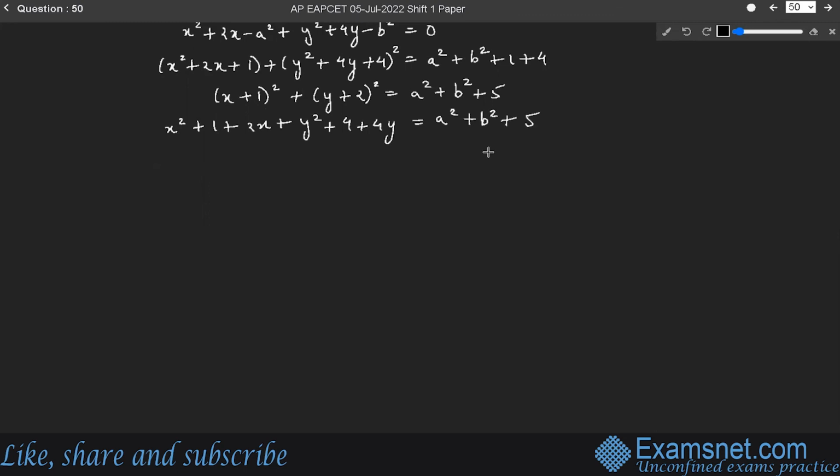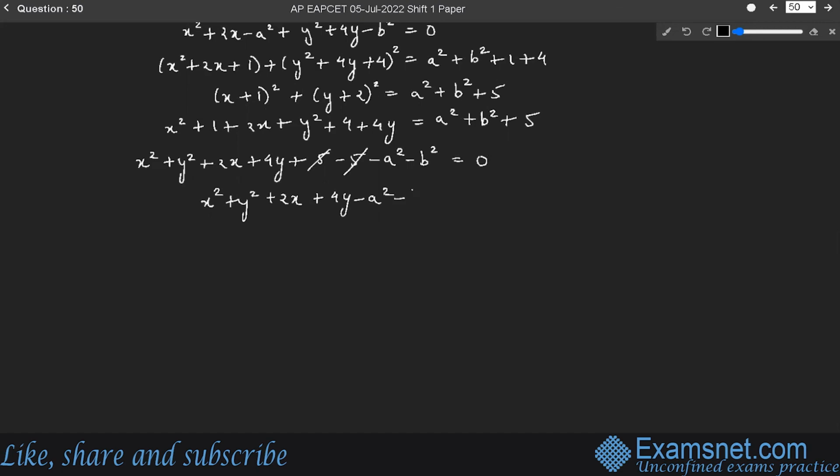Now, taking all the terms on the left hand side, it will be x square plus y square plus 2x plus 4y plus 5 minus 5 minus a square minus b square is equal to 0. The 5 and minus 5 will be cancelled. So the equation becomes x square plus y square plus 2x plus 4y minus a square minus b square is equal to 0.